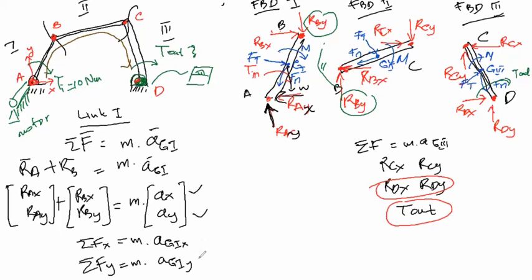Do we need another equation? Yes, we need one last equation, which is sigma moment. With respect to which point, it is up to us. Let's say with respect to G1. I think I made a mistake. Did I make a mistake before?